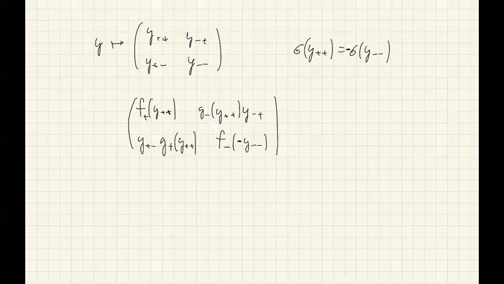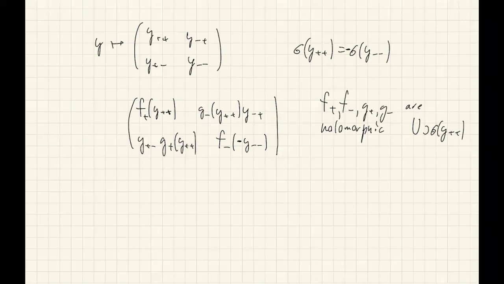So we take minus here to have these functions determined on the same open subset. So f plus, f minus, g plus, and g minus are holomorphic on some open u containing the spectrum of y plus plus. And we can take these functions.